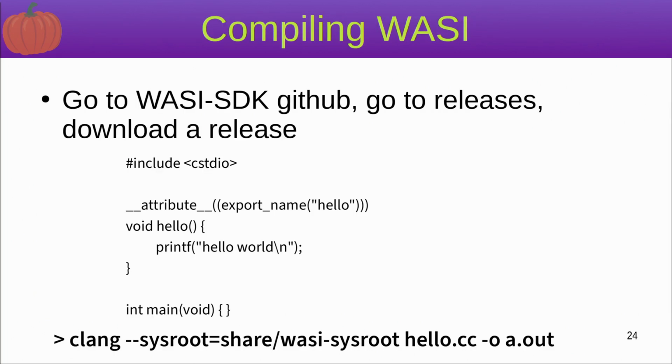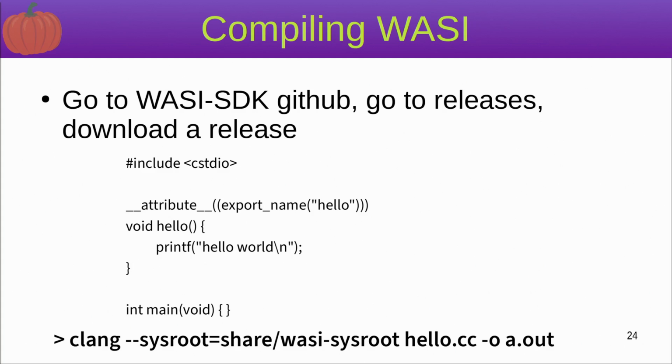So just to give you an example of actually how you would get WebAssembly code running on Java. Here we have some C++ code, and if you want to get it running using WebAssembly, just to look at this code, it's just a hello function that prints hello world, and then here I'm exporting that hello function as hello, so that it's available from outside the program.